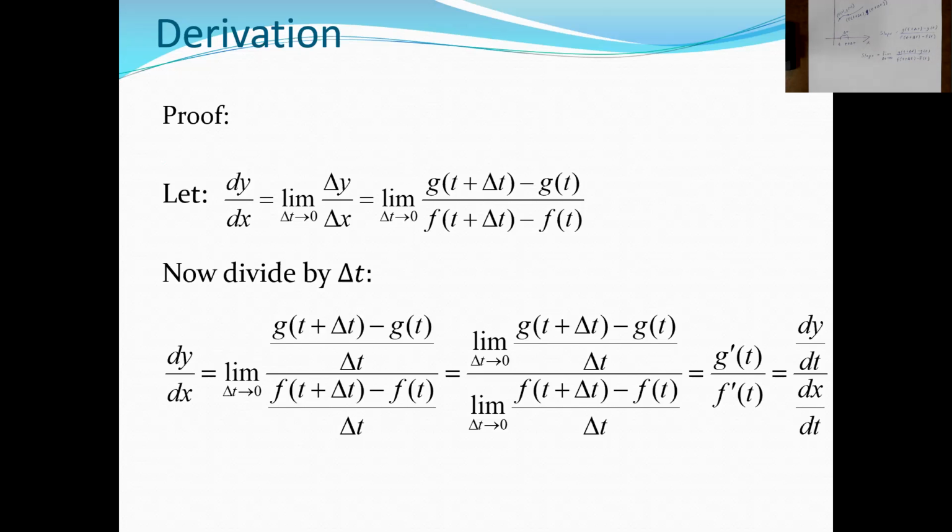As you can see in the PowerPoint, if we divide top and bottom by delta t, that would not change the value of the fraction. We would then get g of t plus delta t minus g of t all over delta t, and the same thing on the bottom, f of t plus delta t minus f of t over delta t again.